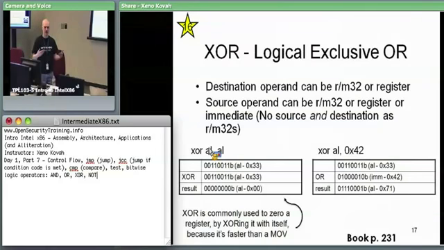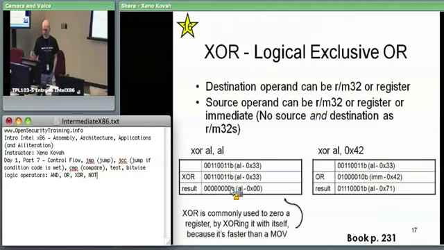If you XOR something with itself, all the bits are going to line up, just like in this picture, 33 and 33. If the two things are the same, the result is 0. So you'll see this fairly commonly used. Rather than doing a move immediate 0 into EAX, you'll just see XOR EAX, EAX, and that'll 0 out the register.